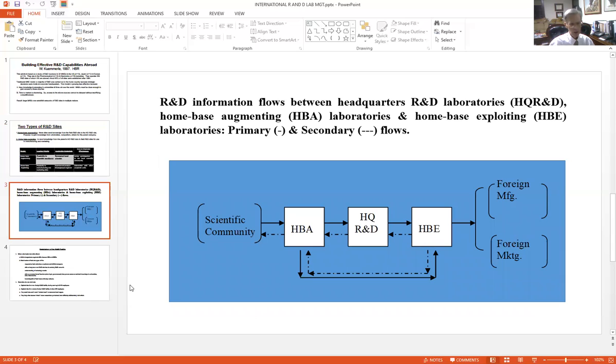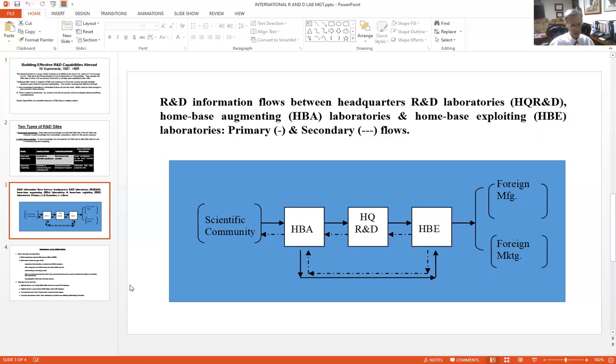So here is Cumberly's diagram of how information flows. And you can see that on the left is the scientific community, and it's flowing ideas, knowledge, discoveries to the home-based augmenting laboratory.